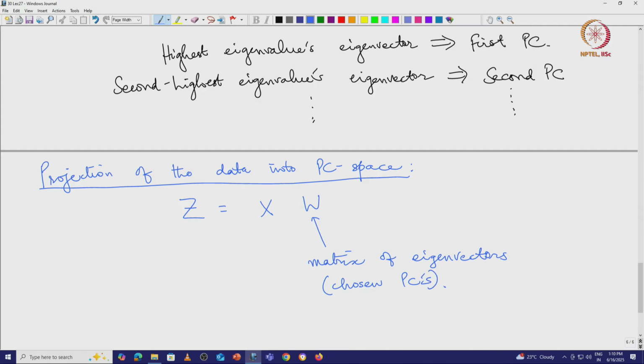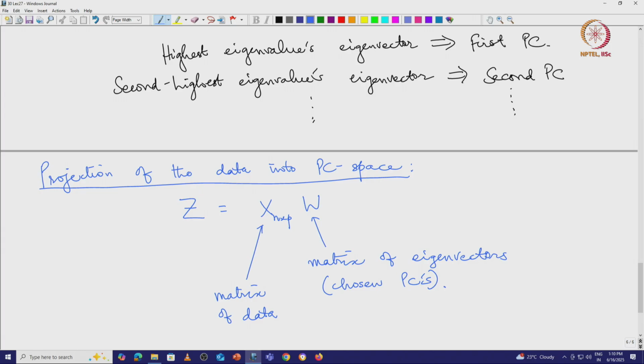So, you may want to work with, let us say, the top k principal components. X is of course the matrix of data. You know that there are n rows, right, n data points and p features. So, that is n by p.